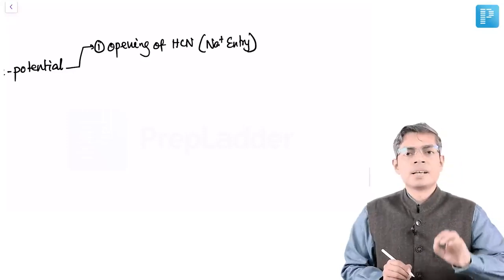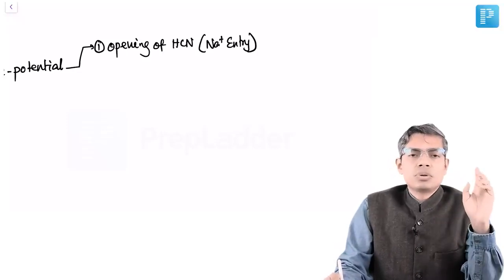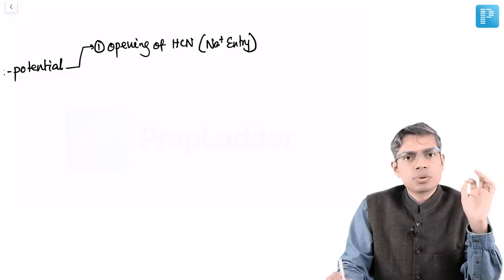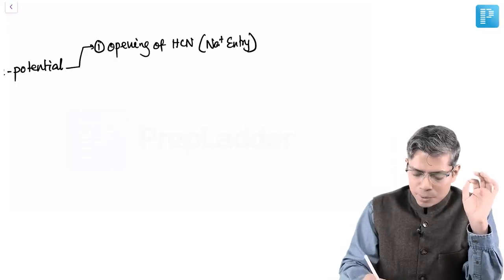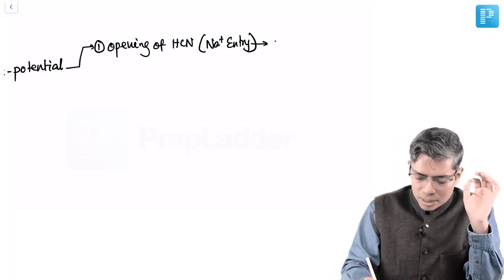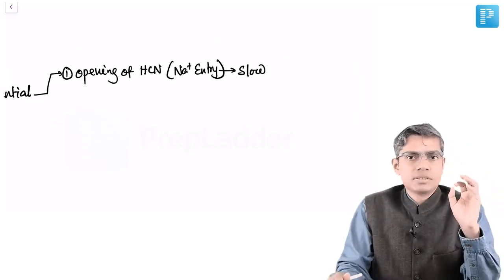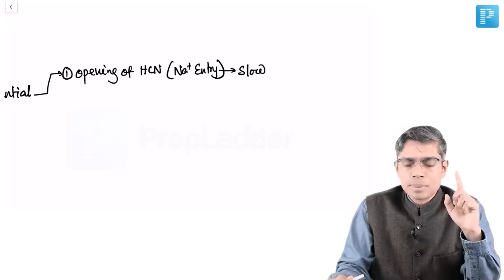But please note down, this sodium entry is nowhere related to the sodium entry in case of myocardium phase 0. That is the voltage gated sodium channel, which is very fast. But the sodium entry through the HCN channel is slow. So HCN channel is a slow channel. Sodium entry is a slower variety. That you also have to remember.